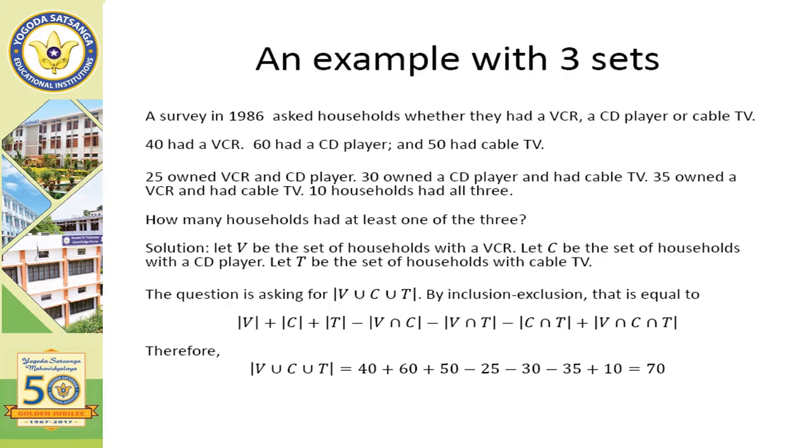In this way we calculate the total number of households that hold either a VCR, TV or CD player: 40 plus 60 plus 50 minus 25 minus 30 minus 35 plus 10 is equal to 70.